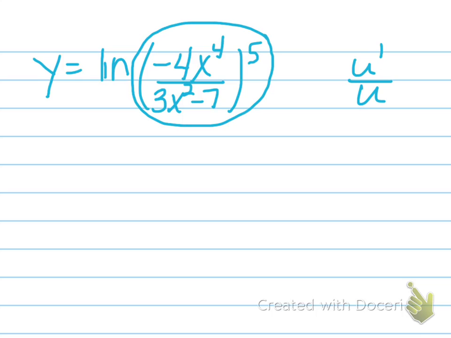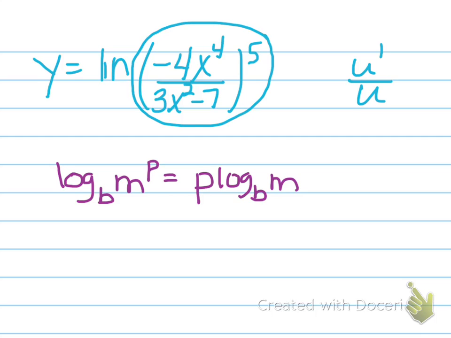The rules for logarithms, there were 3 of them. There was what's called the power rule, and that said that if you had the log of something raised to a power, you could move the power to the front. That applied to regular logs as well as natural logs.